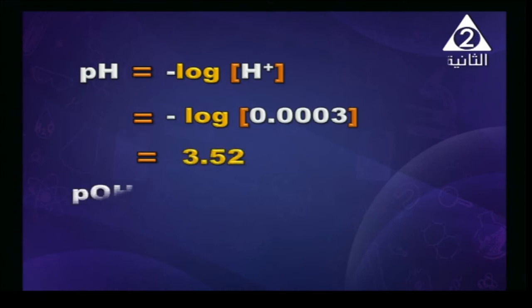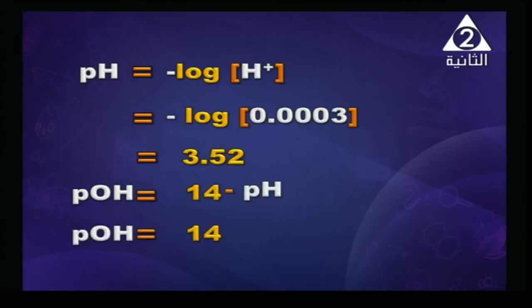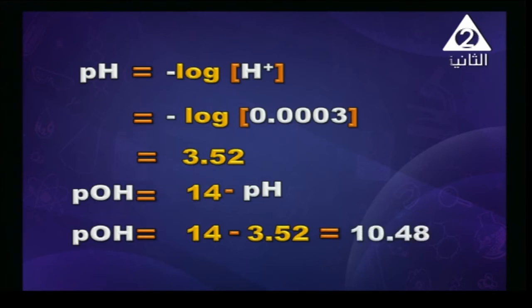So pOH equals 14 minus pH, so pOH here equals 14 minus 3.52, so pOH here equals 10.48.